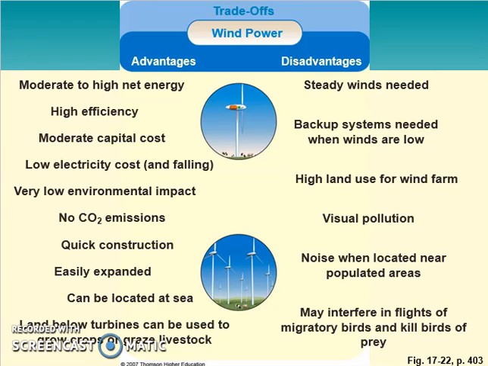It's pretty much background noise. They're not very intrusive. Yeah, I can understand you might not want to look at them, but I don't think they look half bad, and I'd rather look at that than a coal-burning power plant. So, I don't know. And again, they could interfere with the flights of migratory birds, but that really is probably rather minimal. It should be a concern, but not necessarily a major concern.